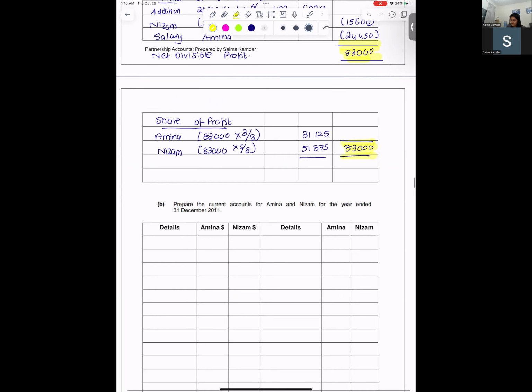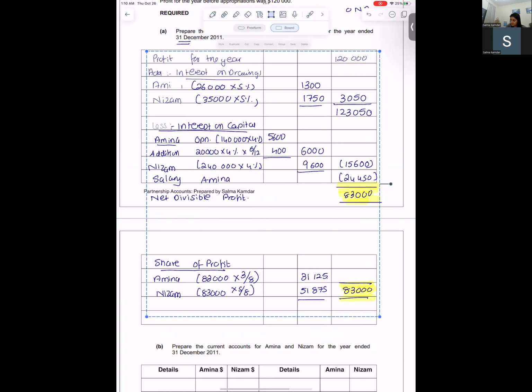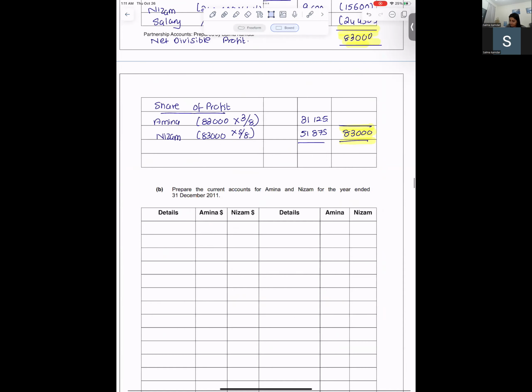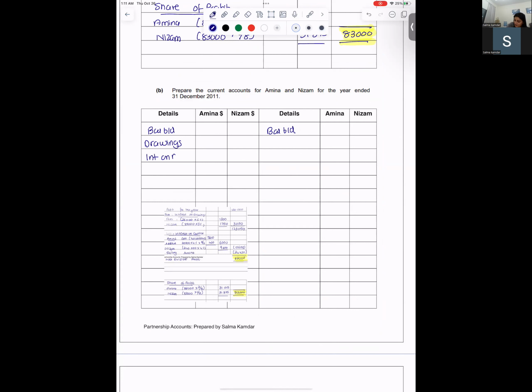Now I have to make the current account. The current account is very simple. Everything that is in the appropriation account would come in the current account. Other than that, you will have balance brought down, which could be on either side. You would have drawings on the debit, below that interest on drawings, then interest on capital, salary, and share of profit.